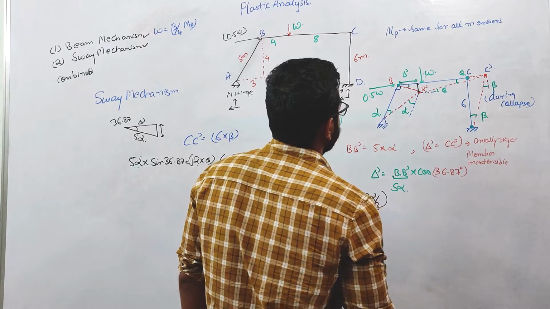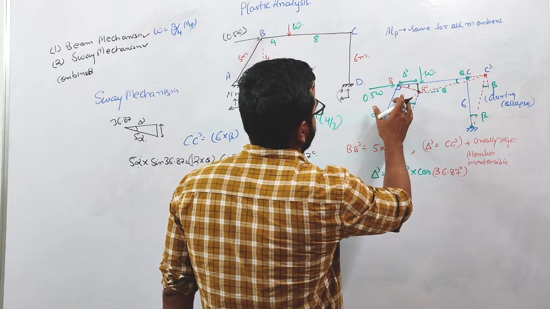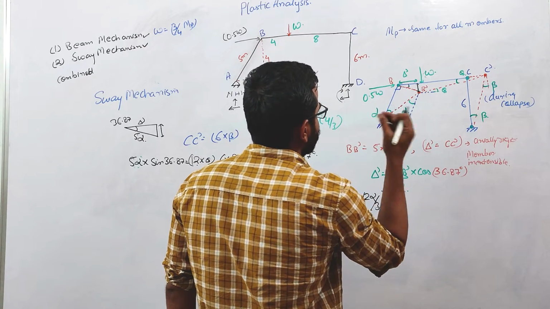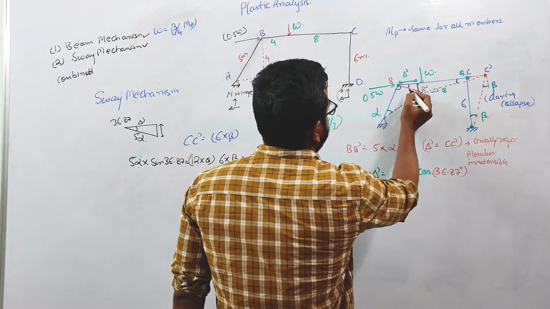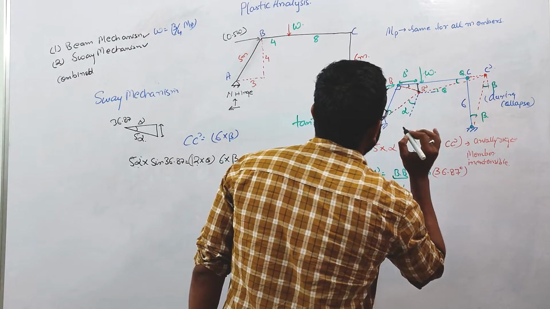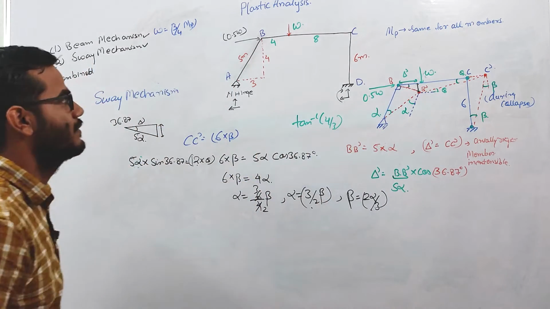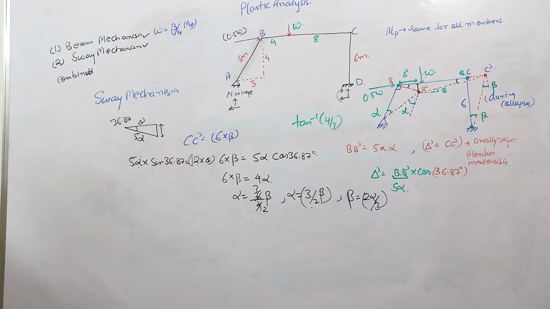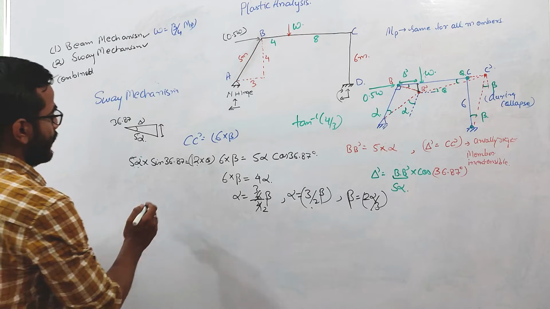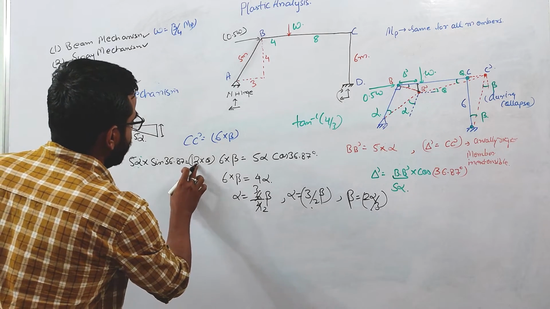Actually, I have shown this diagram in a larger view, but these are very small displacements. So you need to write 5 sine 36.87 into alpha equals 12 theta.